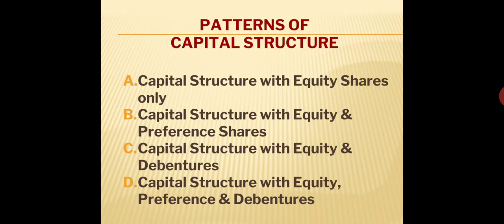Now let's discuss its limitations, that is demerits. The first one, during a period of depression, it is burdensome for the company to pay interest on its debentures. Yes, when the company's earnings are not stable, or when there is a period of recession, at that point of time the company is not able to pay sufficient interest to its debenture holders.